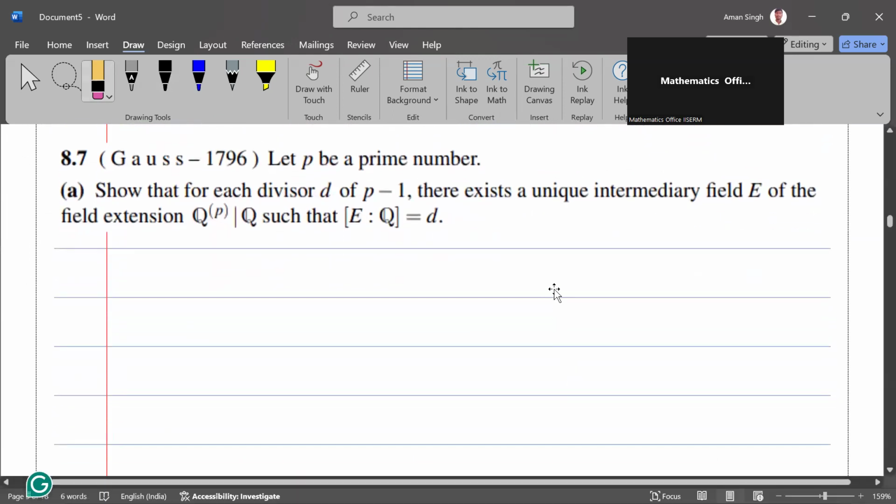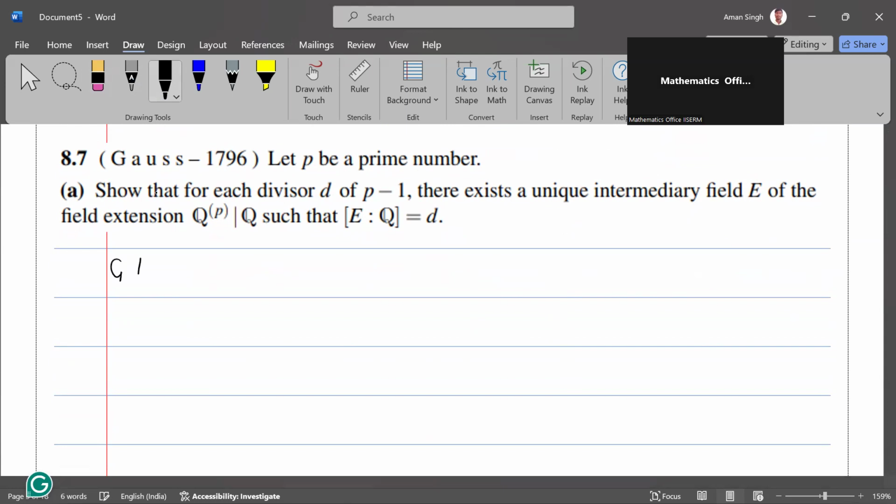So let's see if there are more questions. We have 10 more minutes left. So that for each divisor d of p minus 1, there is a unique intermediate field E of the field extension Q(ζ_p) over Q. So we know that the Galois group of Q(ζ_p) over Q is isomorphic to Z_p star, right? And Z_p star is cyclic.